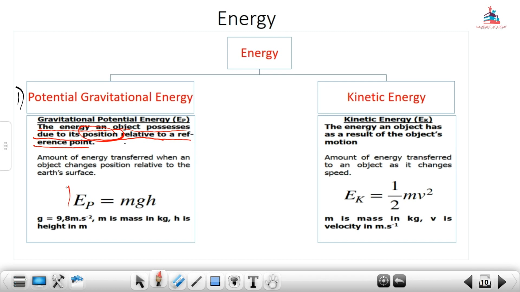The equation that we are familiar with, which is part of the formula sheet, is EP equals mgh. g is our gravitational acceleration, 9.8 meters per second squared, and m, remember, must be in kg, and height must be in meters.